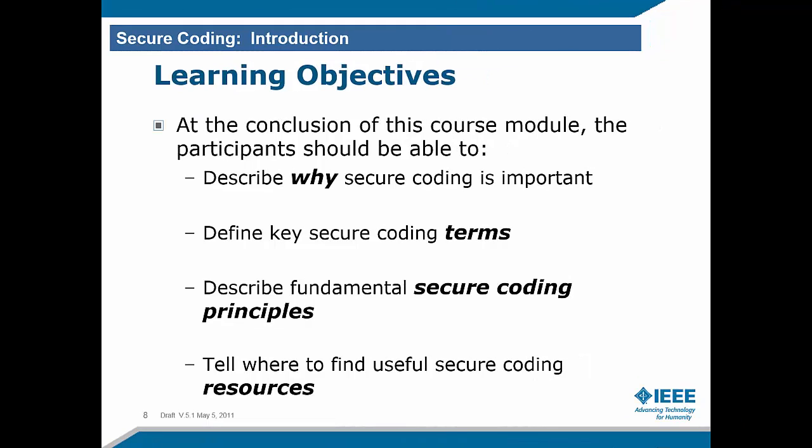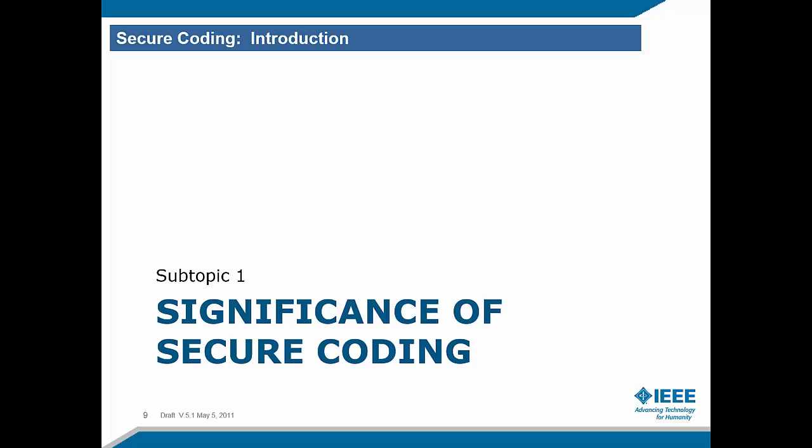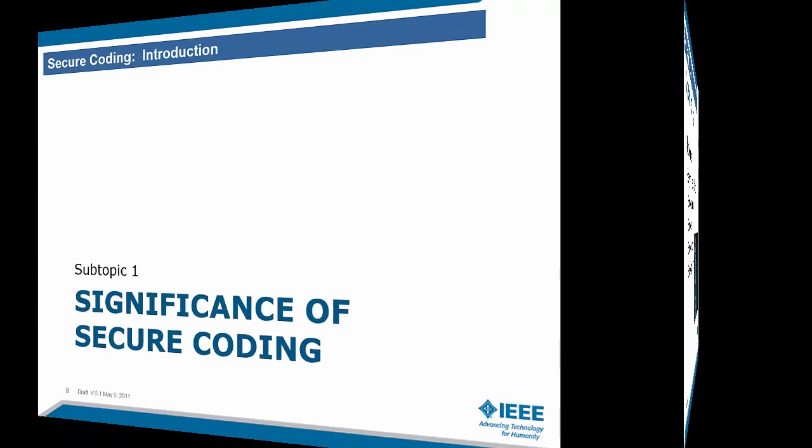So by the end of this course, you should be able to describe why secure coding is important, define key secure coding terms, describe fundamental secure coding principles, and tell where to find useful secure coding resources. Let's discuss the first subtopic, which is Significance of Secure Coding.